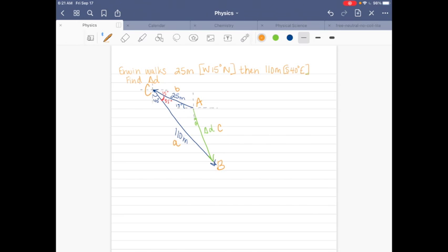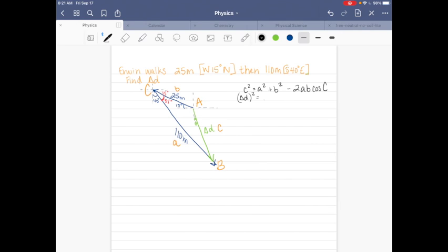So plugging in, the equation I'm going to use is c squared is equal to a squared plus b squared minus 2ab cosine of angle C. So my c squared is delta d, and it will be squared.